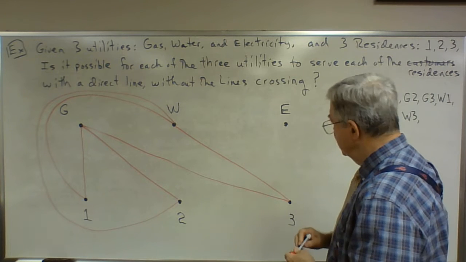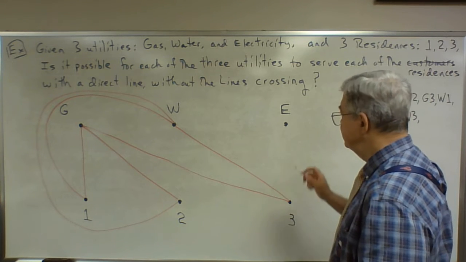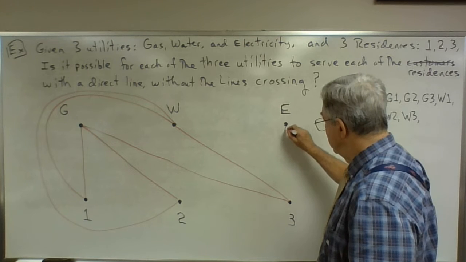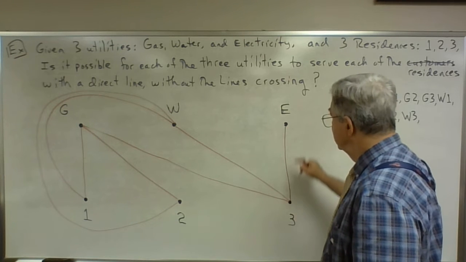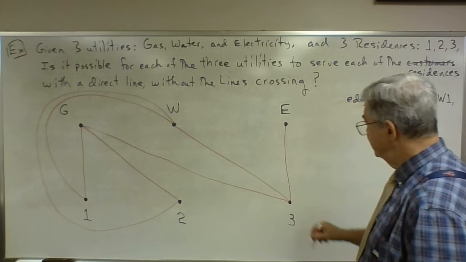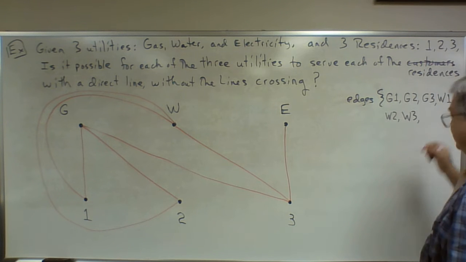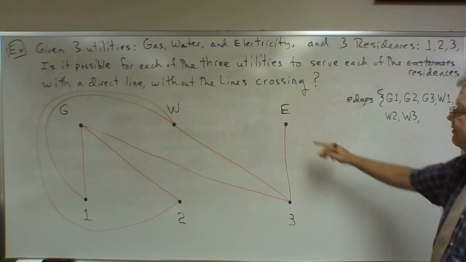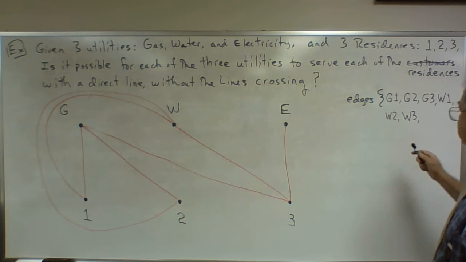And we can get electricity going from the power company to resident 3. So we have edge E3.